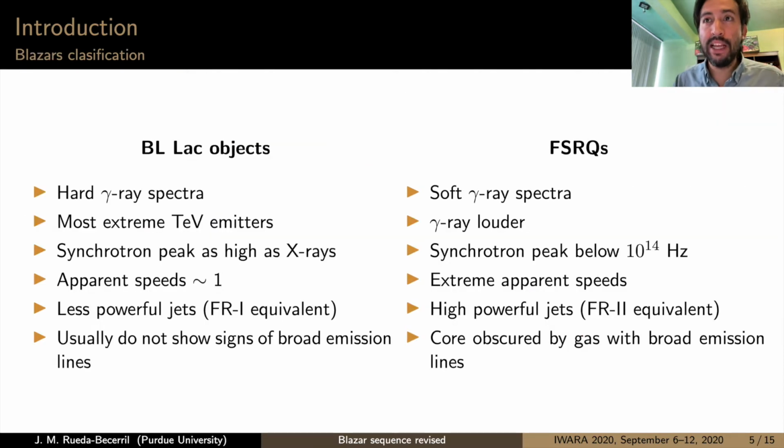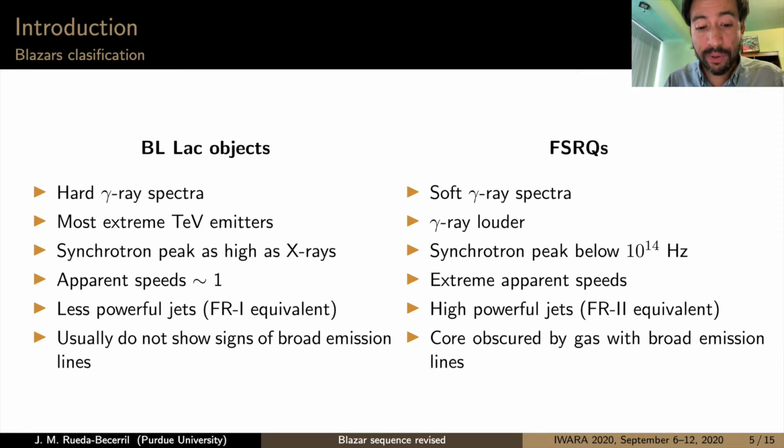The blazars are classified into two main objects, BL Lacs and FSRQs. The observational features that separate these two are mainly that the BL Lacs show a hard spectrum in the gamma rays, while the FSRQs show a soft spectrum. The BL Lacs are extreme TeV emitters, while FSRQs do not reach such high frequencies, but they are actually gamma-ray louder.